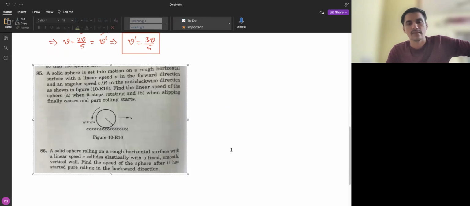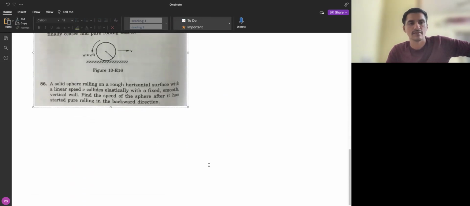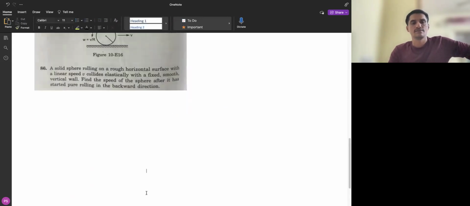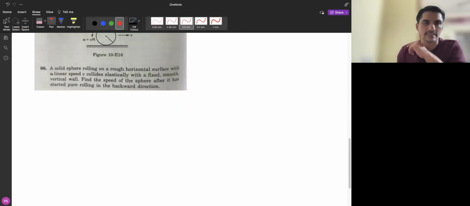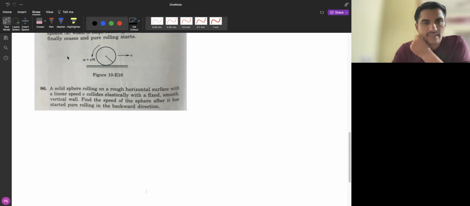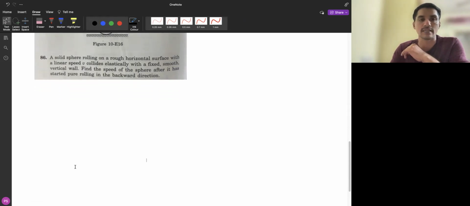Now let us do the 86th question, and the diagram related to that question. A solid sphere rolling on a rough horizontal surface with a linear speed v collides elastically with a fixed smooth vertical wall. Find the speed of the sphere after it has started pure rolling in the backward direction.